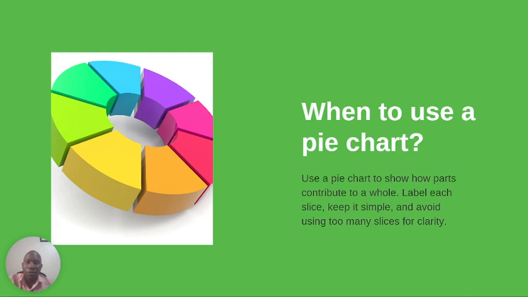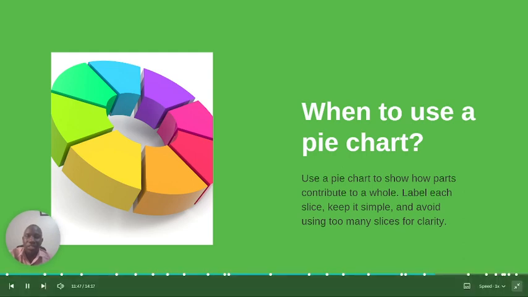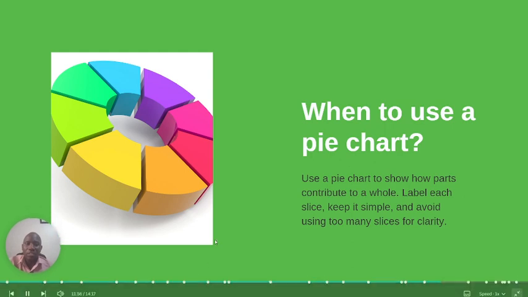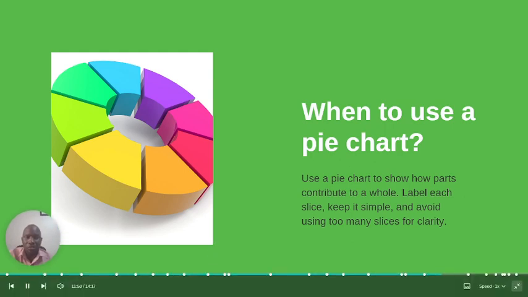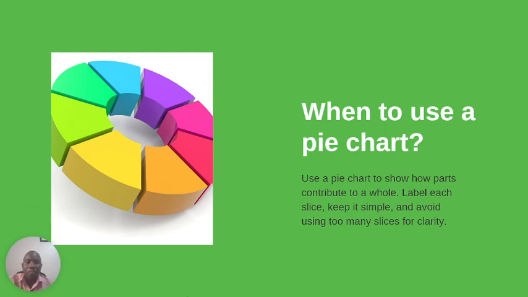When you use pie charts, you use them if you want to demonstrate the extent to which a particular variable takes in comparison to the whole. So for example, if you're looking at, let us say, employment status for your research respondents, you may choose to represent that in the form of a pie chart.